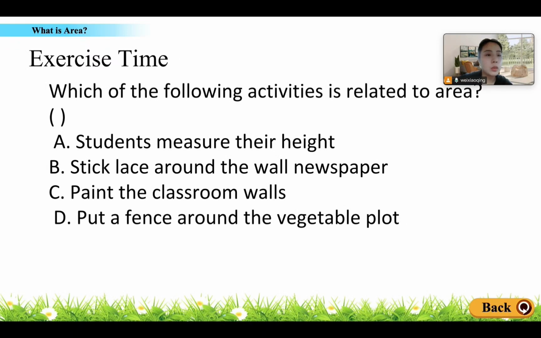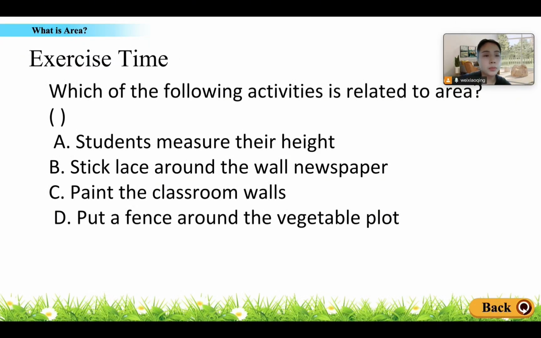The length around an object is its perimeter, so this is false too. Option C. Paint the classroom walls. What we paint is the area of the walls, so this is true.